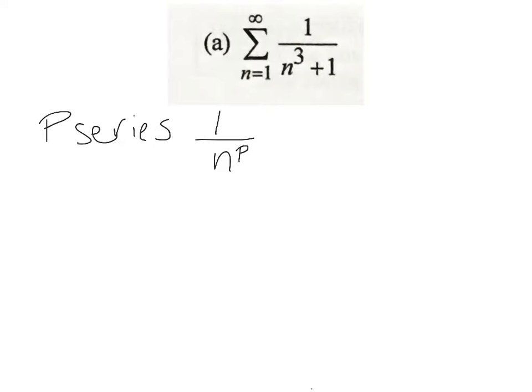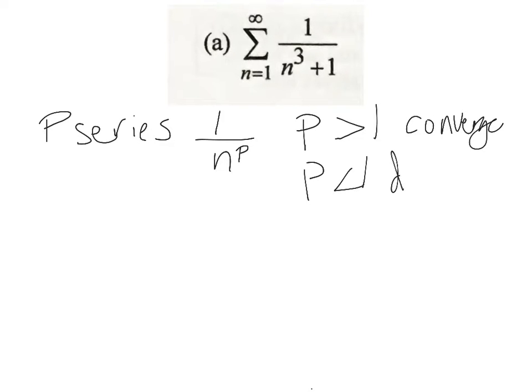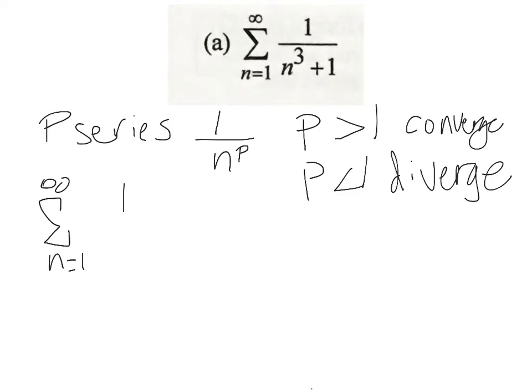Knowing that it resembles a p-series, we have our p-series rule: if our p value is greater than 1, it's going to converge, and if our p value is less than 1, it's going to diverge. Given that, we're going to rewrite our series in a simpler form, forgetting about the 1. So we have the sum from n equals 1 to infinity of 1 over n cubed.